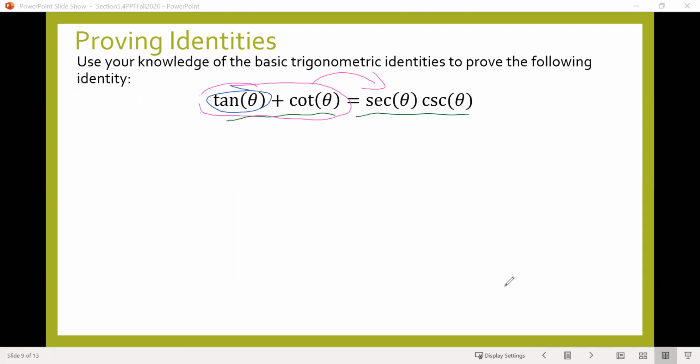The tangent here we'll rewrite as sine of theta over cosine of theta, since that's what it is equal to, plus cotangent. Recall that one of the identities for that is cosine of theta over sine of theta.